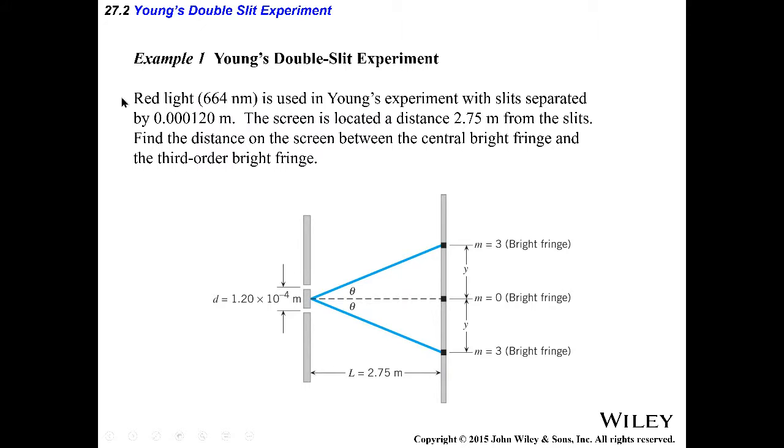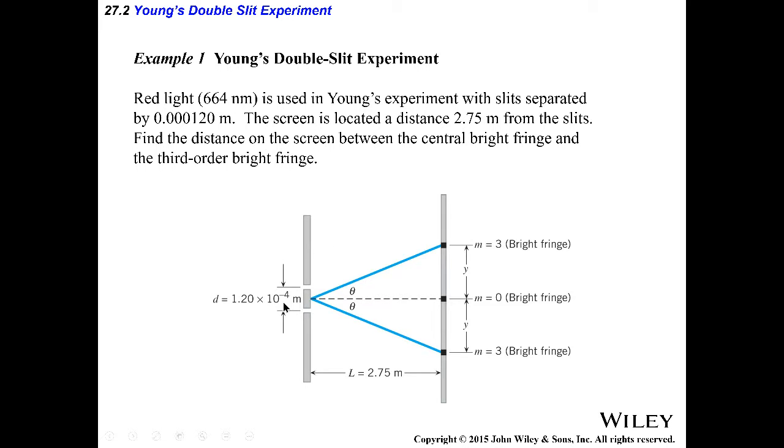Okay, so now they say, well, I have red light with slits separated by 0.00012 meters. That means that it is what? 0.12 millimeters. I don't know upstairs in your lab what is the d. I don't know if it is 0.12 millimeters, but anyway, they have already checked it out, so it is the kind of slit distance which makes it easily observable.